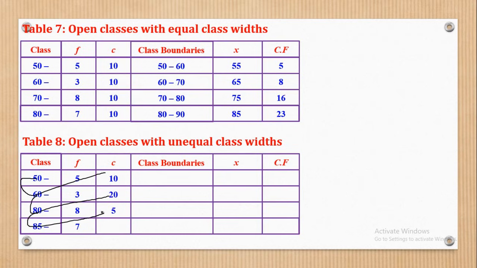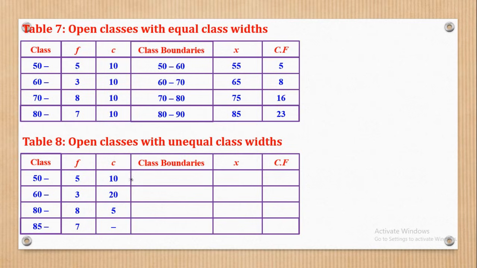Now these ones are unequal and we don't have any other class here. So there is no way we can get this end value, so we are going to put a dash. For lower class limits, just put a dash, because there is no way you can get this last value.